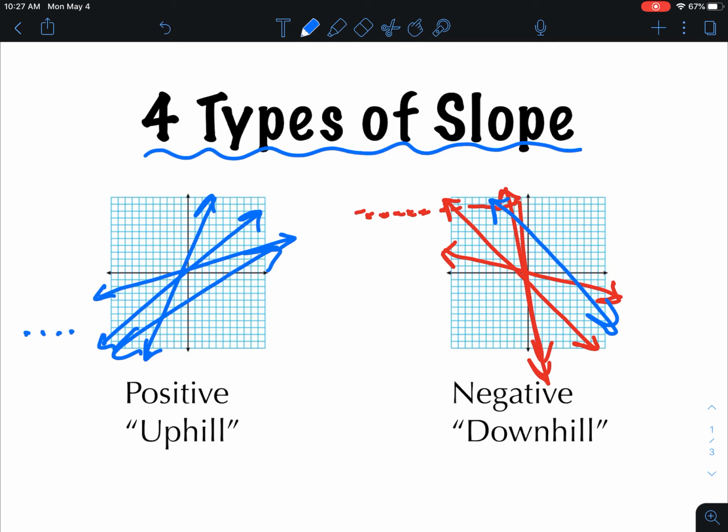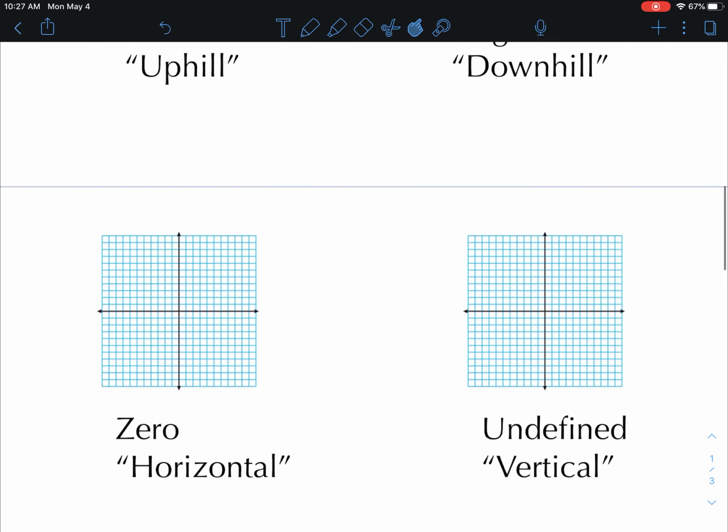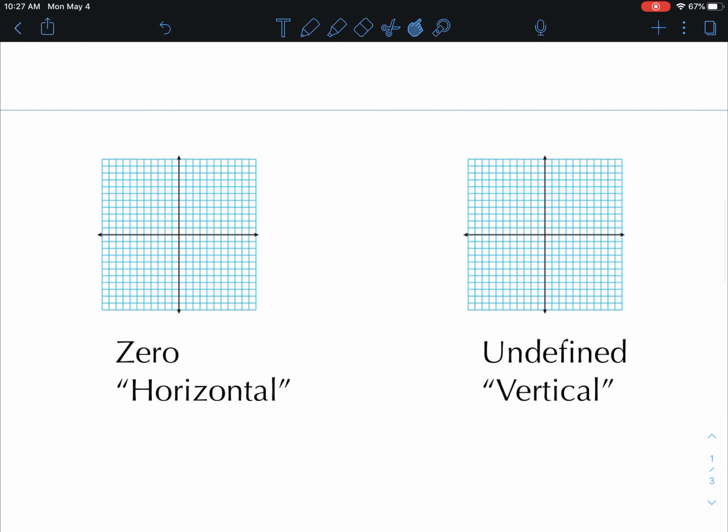Now, there are two other types. Okay? The other two types of slope are a slope of 0 and an undefined slope. A slope of 0 means that it's going to be horizontal. Okay? So a horizontal slope or a 0 slope is just going to be a horizontal line, and it can be anywhere on the coordinate plane.